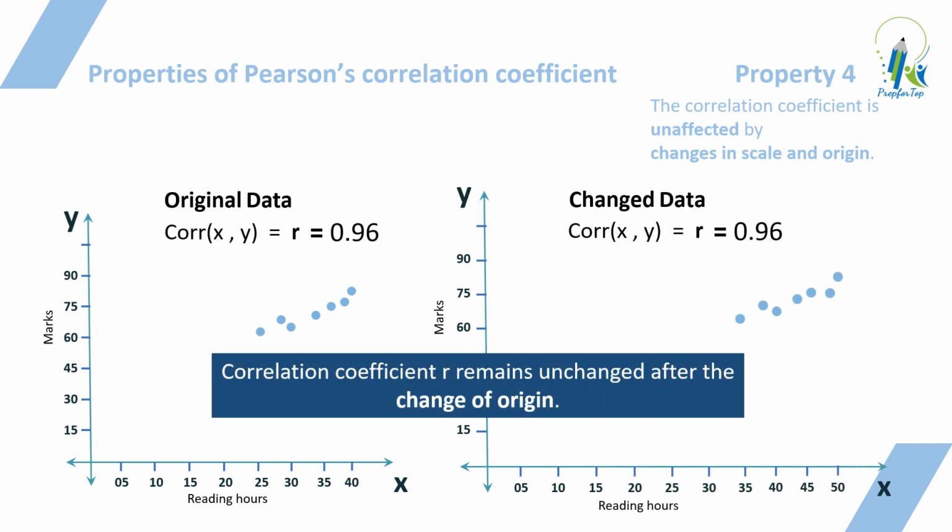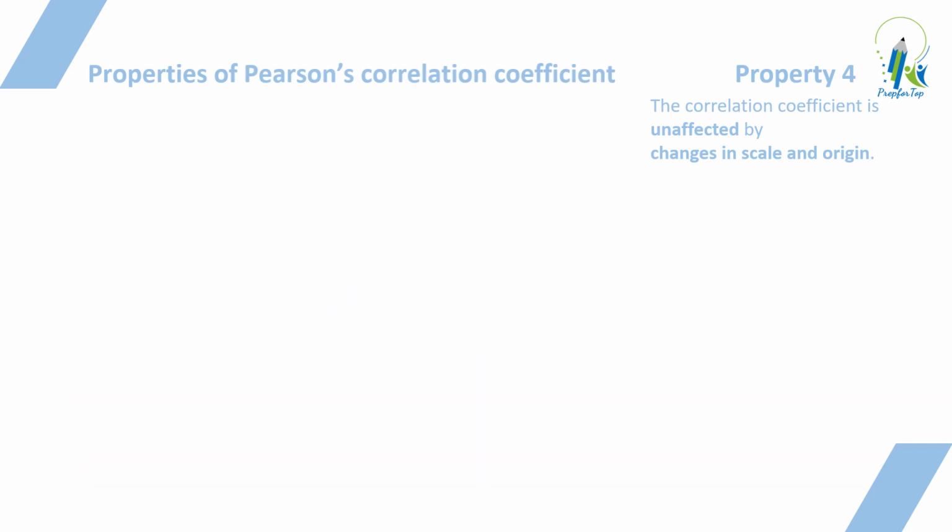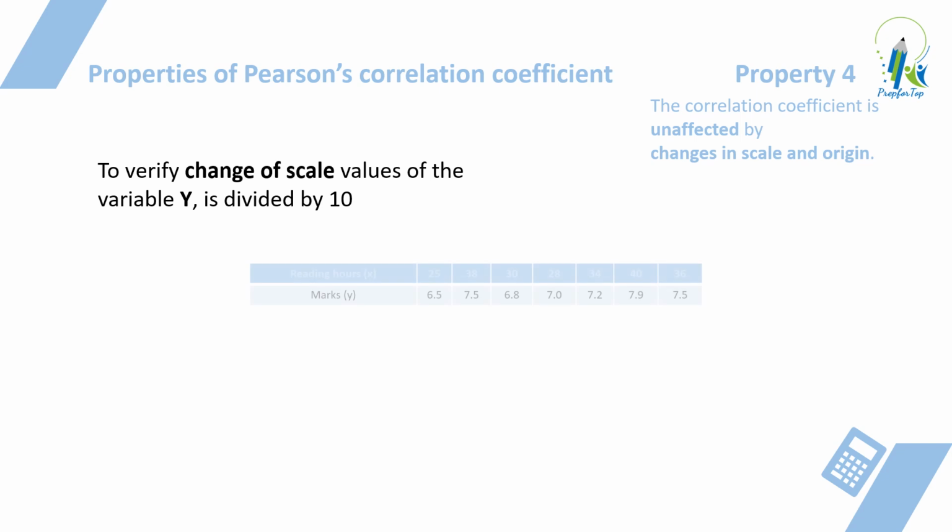The correlation coefficient r remains unchanged after the change of origin. To verify a change of scale, values of the variable y are divided by 10.